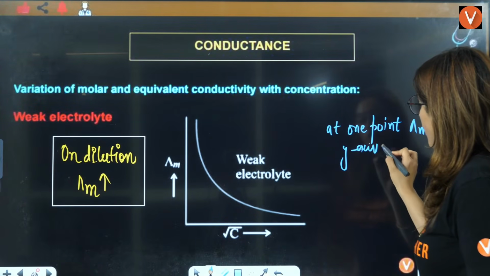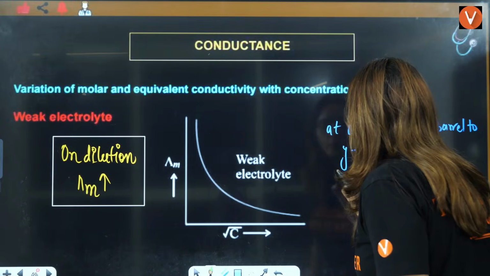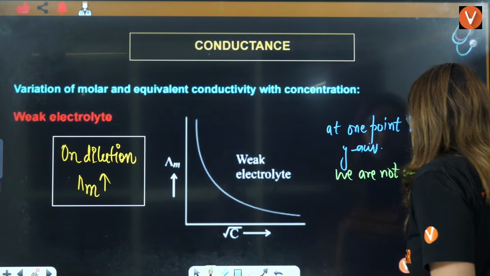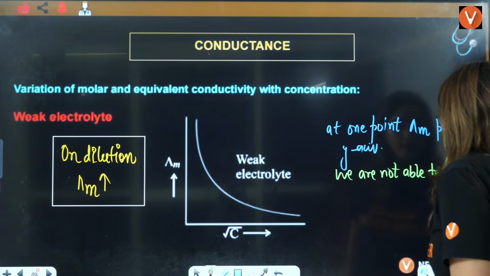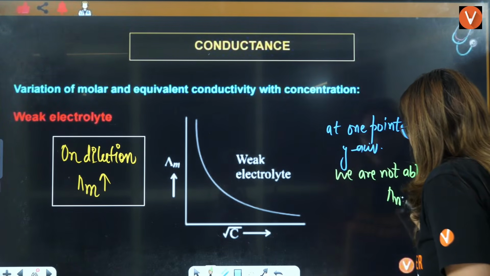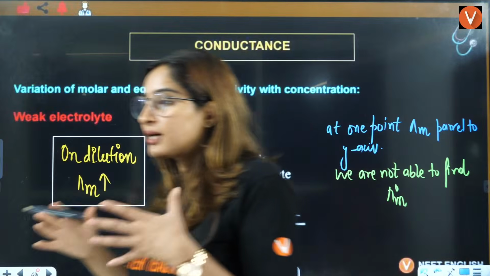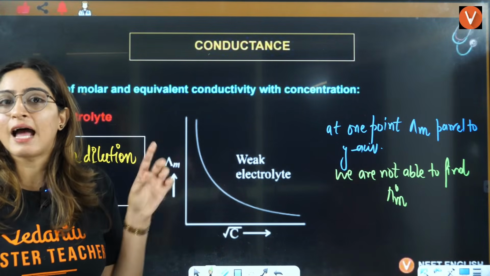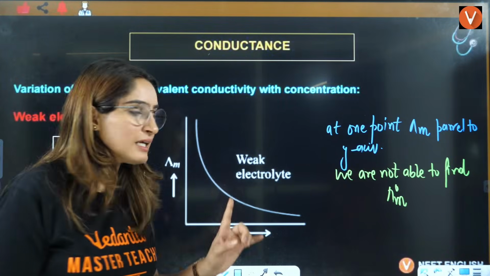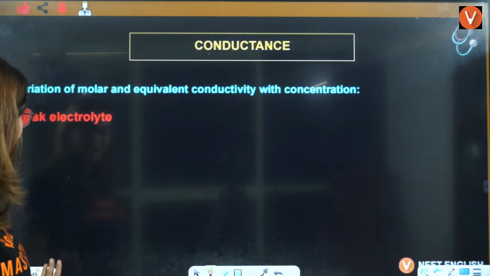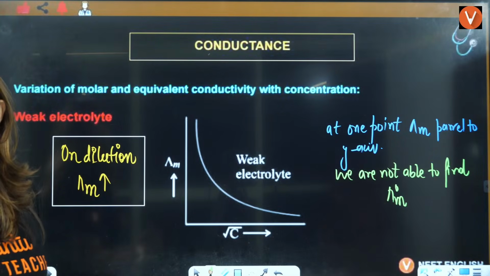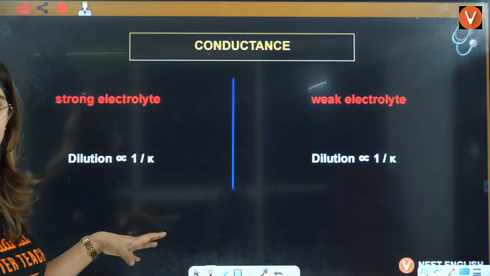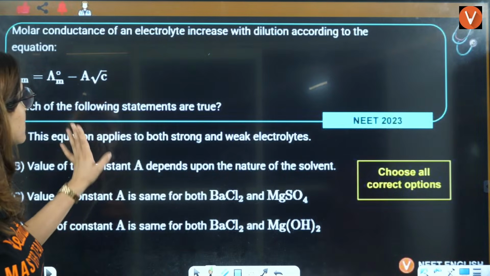That's why from the graph, you won't be able to find the limiting molar conductivity here. That is the main problem. In a strong electrolyte, you can find it, in a weak electrolyte, you can't. That's why we will study this law.